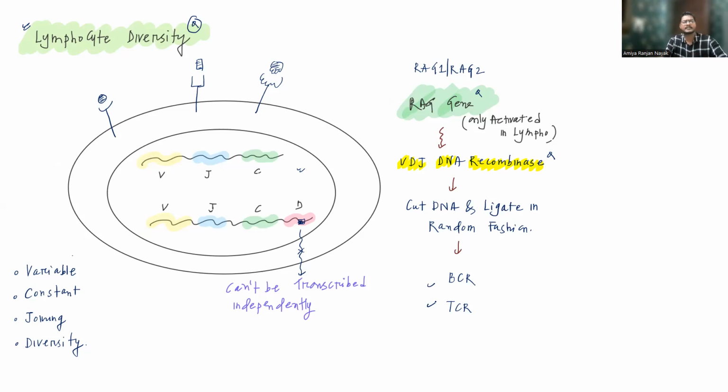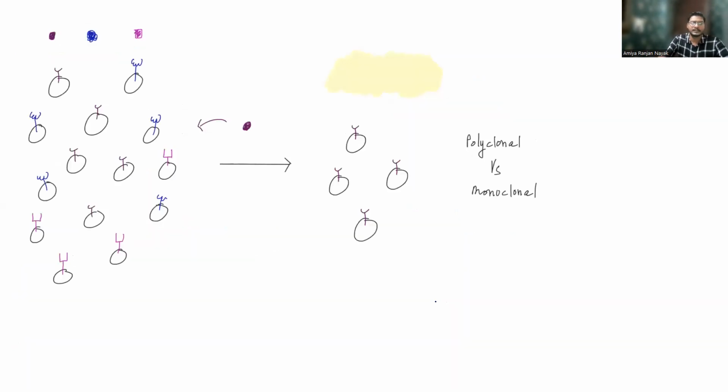So this is the basics of lymphocyte diversity. For example, you can see these are various lymphocytes, and some of the lymphocytes have a particular type of antigen receptor. This is one group of antigen receptor.